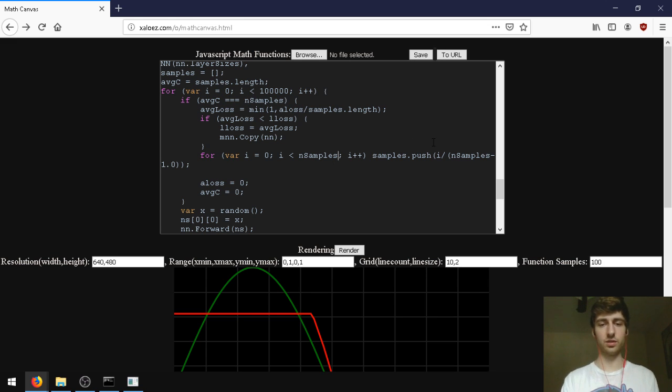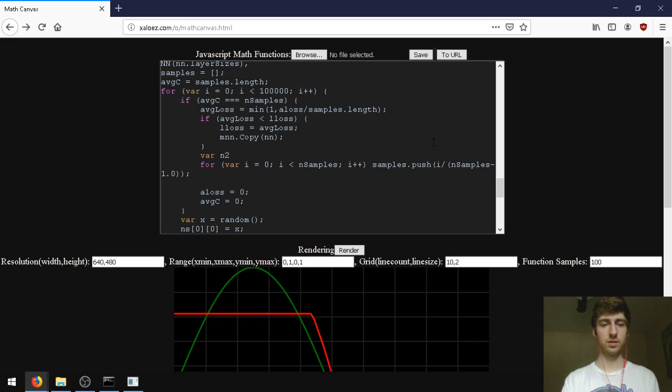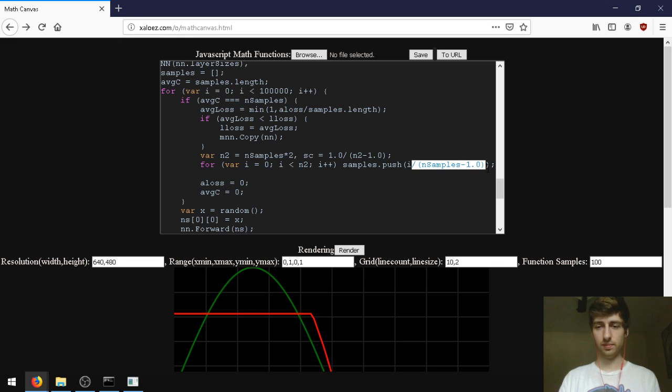So actually, I need to do samples times 2. N2 scale equals 1 divided by N2 minus 1. Okay, so this will automatically scale it. Then the dropout part is automatically removing half of these randomly.